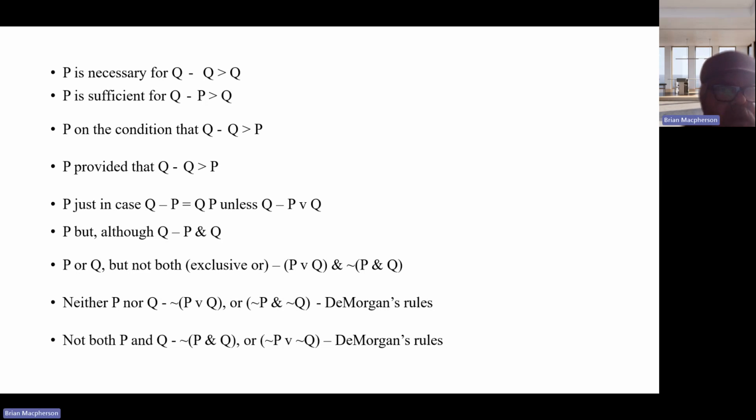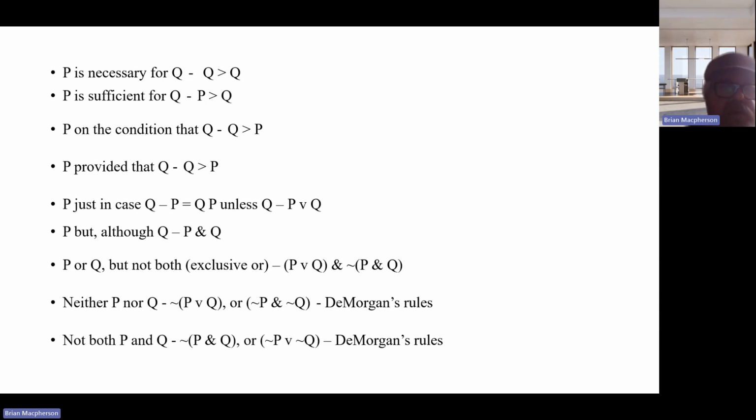All right. P unless Q is P or Q. P but, although Q, is P and Q. P or Q but not both: this is the exclusive or. Remember that sentential logic covers truth functional connectives, and it doesn't cover the exclusive or as a primitive, it only covers the inclusive or.